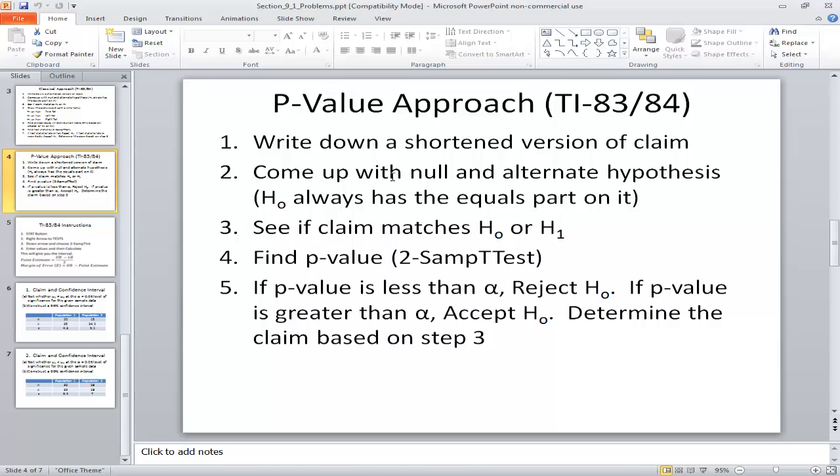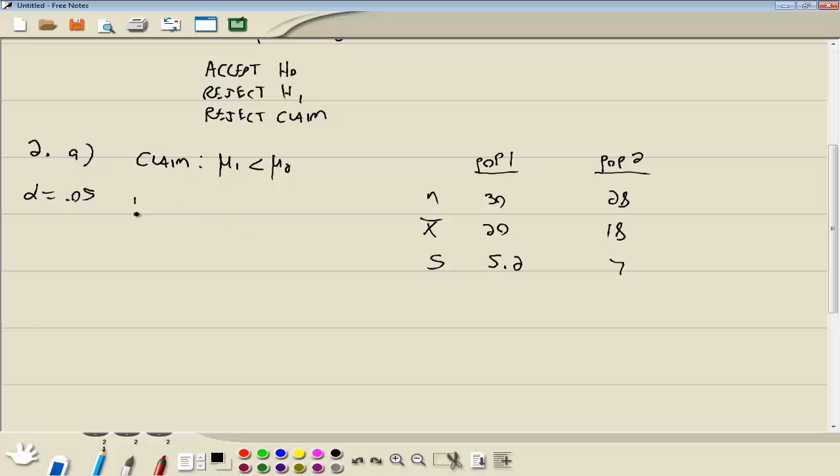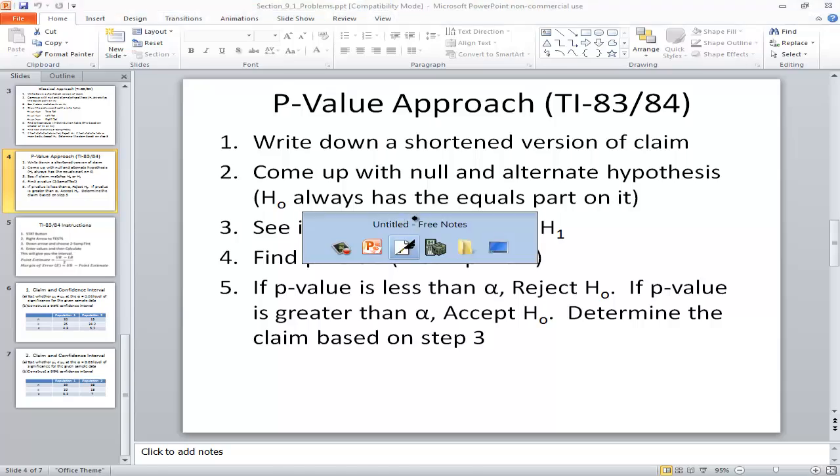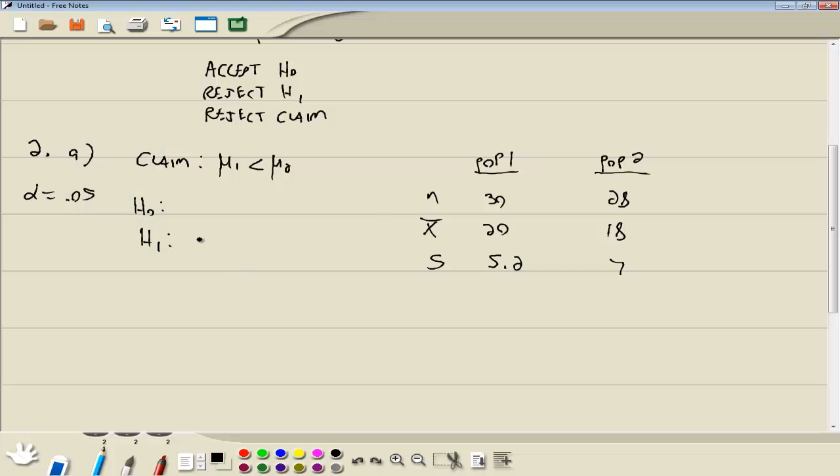Step 1. Write down a shortened version of the claim. Well, we did that. Step 2. Come up with a null and alternate hypothesis. H0 always has the equals part on it. So for H1, we're going to put mu sub 1 is less than mu sub 2 here. The reason why: the only symbols you can go on H1 are less than, greater than, or not equal to.